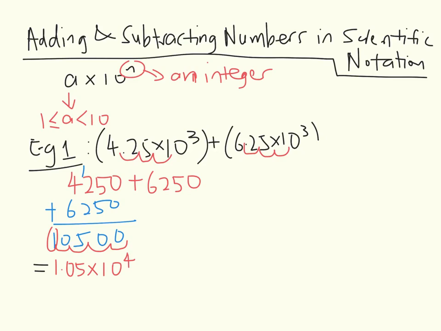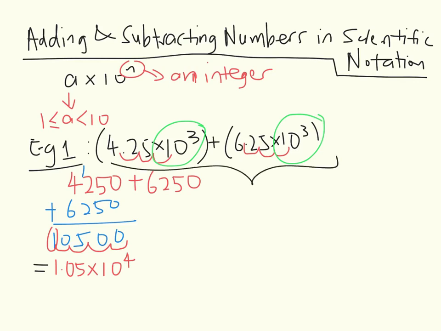Now we're going to look at how we can use the rules of exponents to help us simplify this sum. We can see that both numbers are written with the same power of 10, so we can use factoring to help us simplify this sum.